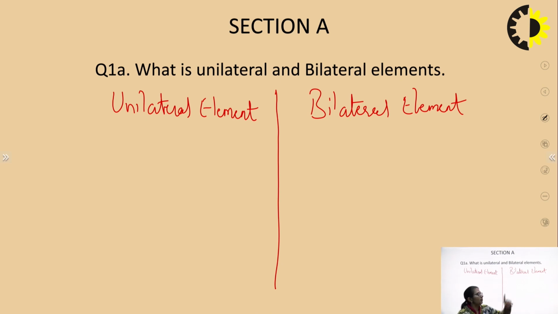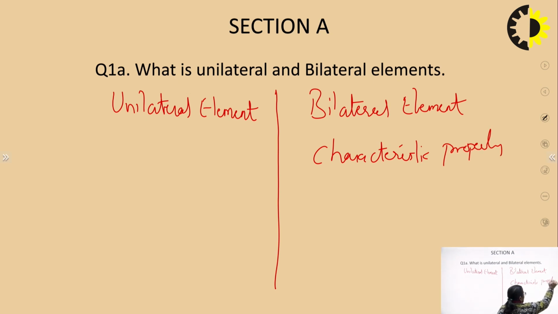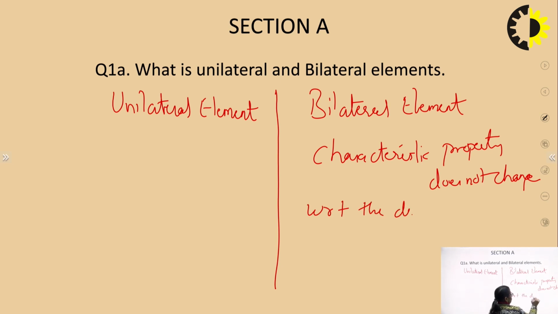These kinds of elements are called bilateral, meaning two sides. That means the element whose characteristic property does not change with respect to the direction of flow of current is called a bilateral element.